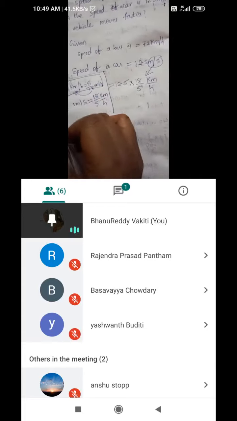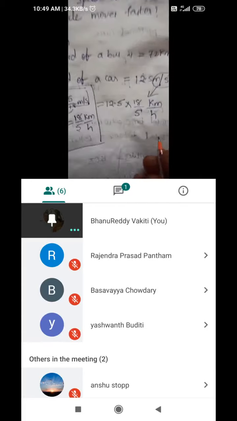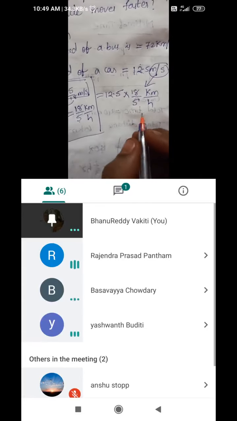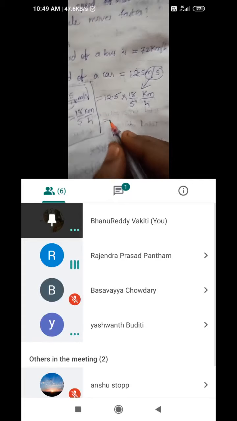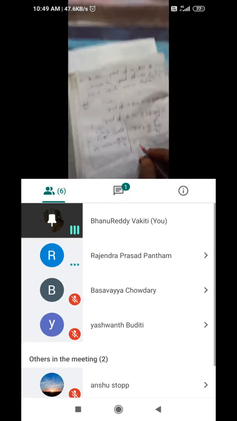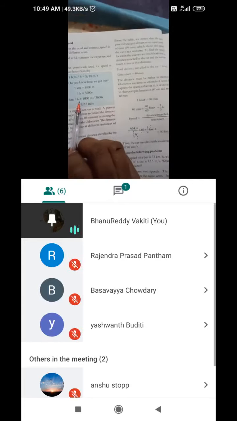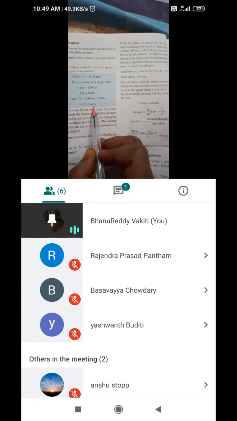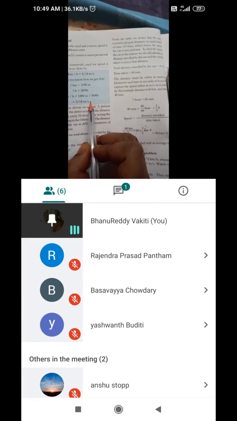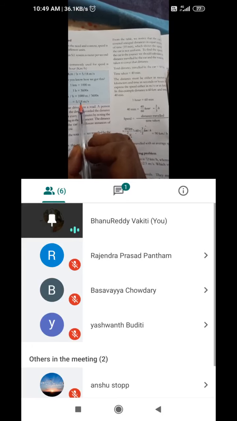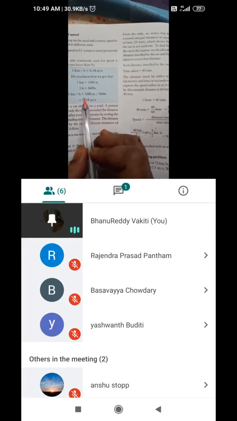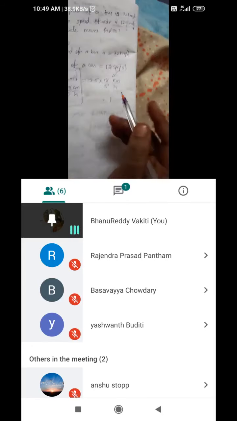Did you understand? Here we have calculated 1 kilometer per hour is equal to 5 by 18 meters per second. At the same time, 1 meter per second is exactly the reciprocal, 18 by 5 kilometers per hour we can write.